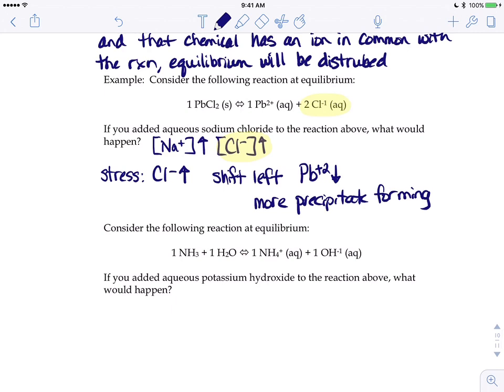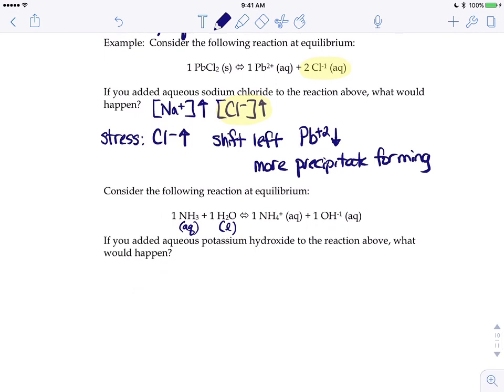If we have this reaction here with the ammonia reacting with water to make NH4 plus and OH minus, I'm going to throw in some states of matter here. Sorry guys, I forgot to put them in before I printed this for you. So we've got aqueous ammonia and liquid water reacting to make ammonium ions and hydroxide ions.